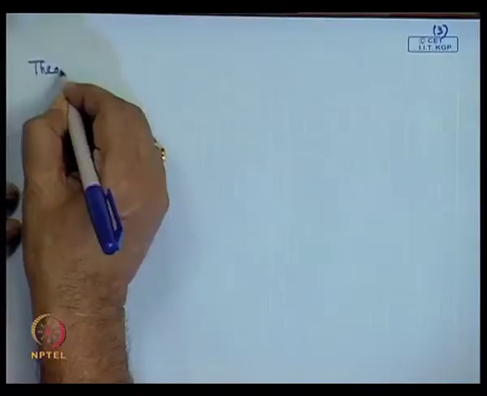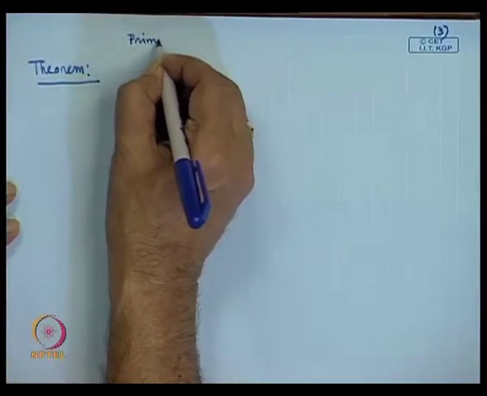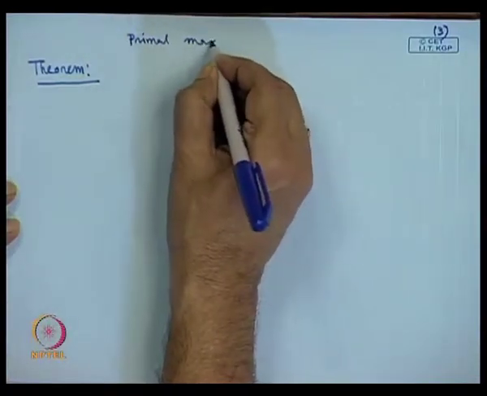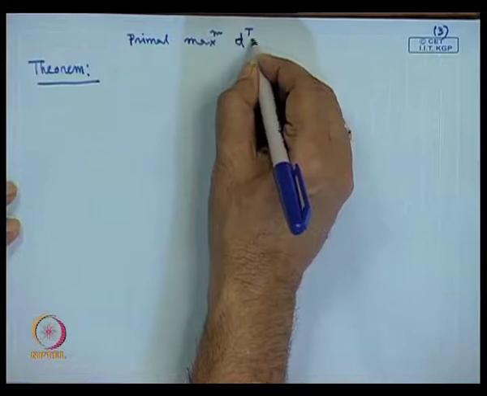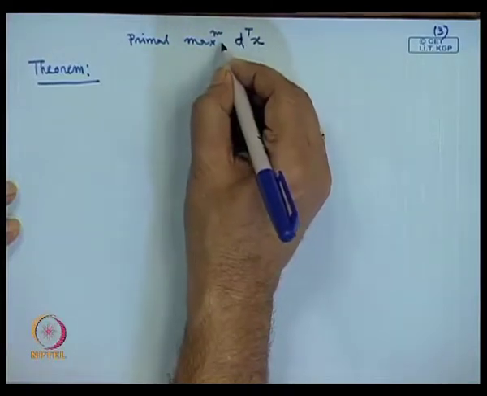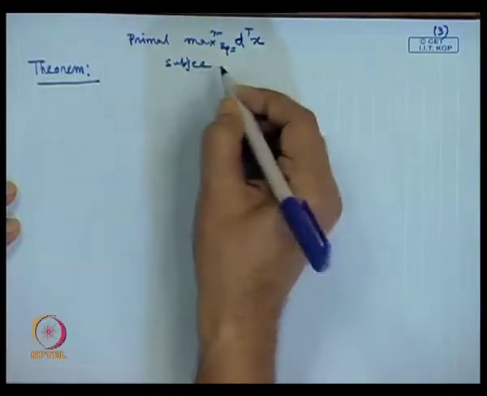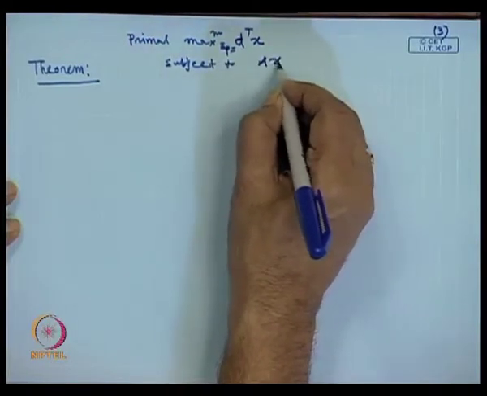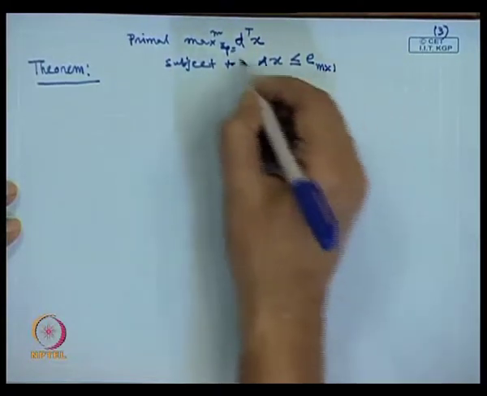Next, we will see another theorem. If you remember, I am writing the primal problem here: maximize Z transpose x, which we have written as Z of p, subject to A x is less than or equal to E, where E is the right hand side of the inequality constraints in the primal problem.